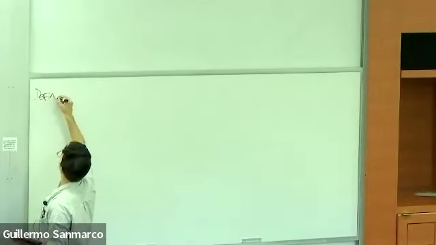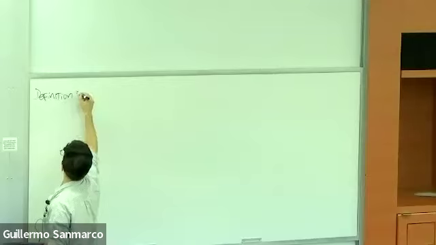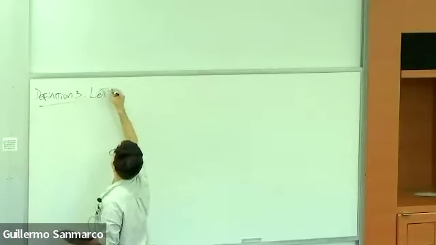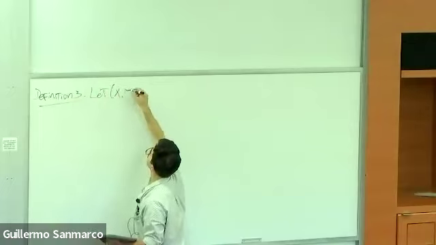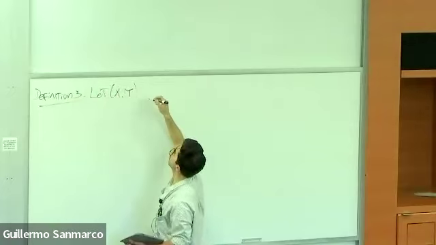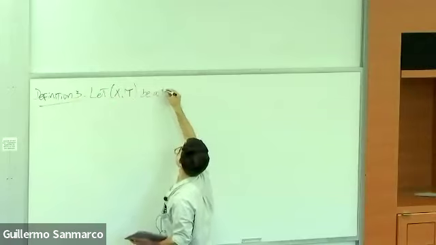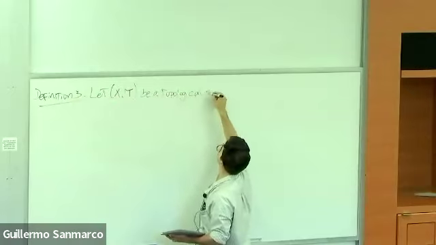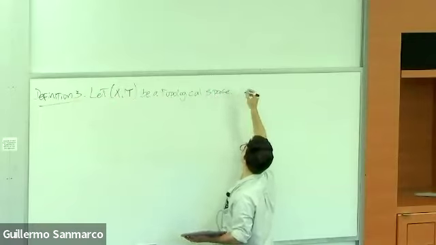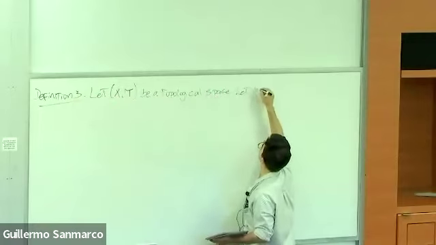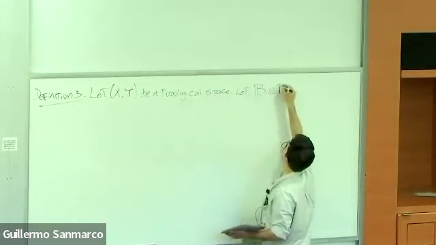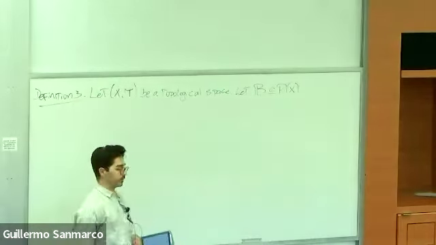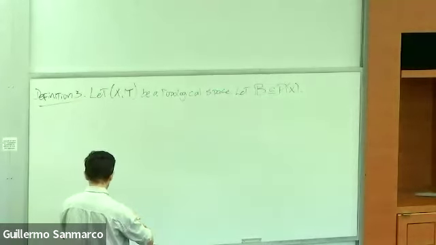Definition for today will be number 3. So now let's assume we have a topological space, X tau. I want to emphasize tau here, or T. And let's assume we have some set B inside of some collection of sets. And we're going to define exactly that.